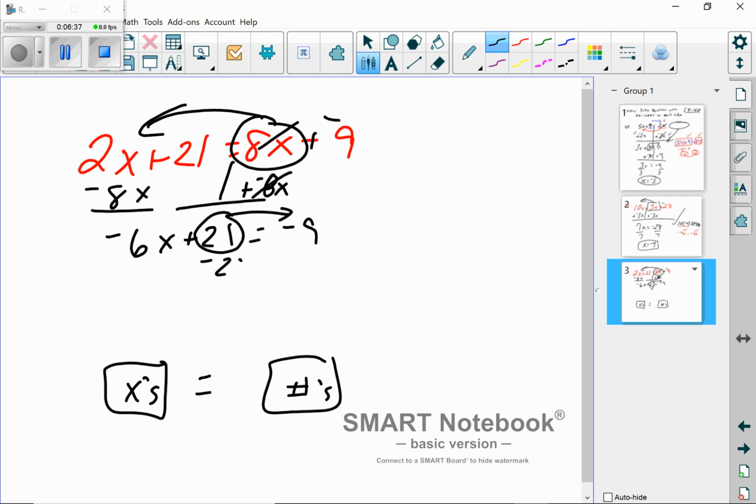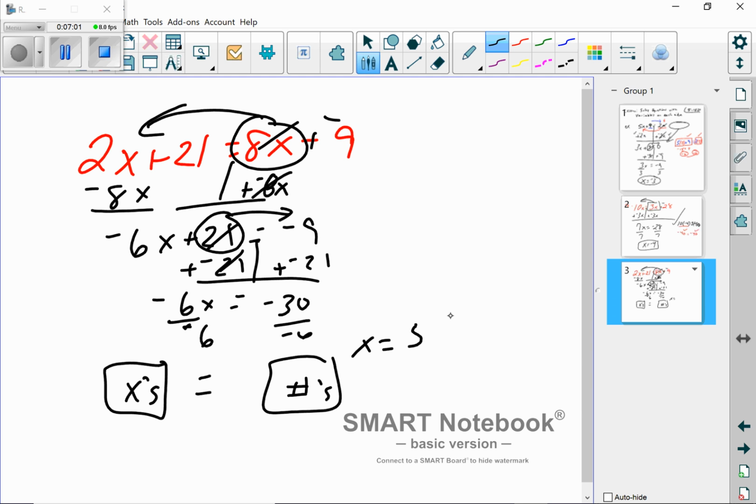So negative 21, negative 21, they cancel. This makes a negative 30 equals negative 6x. Again, I got all the x's together on the left, that's negative 6x. I got all the plain numbers, the constant numbers, on the right, negative 30. Last step, divide by negative 6, and my x equals positive 5.